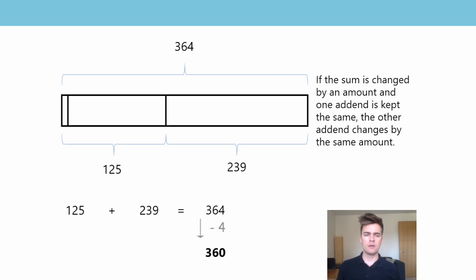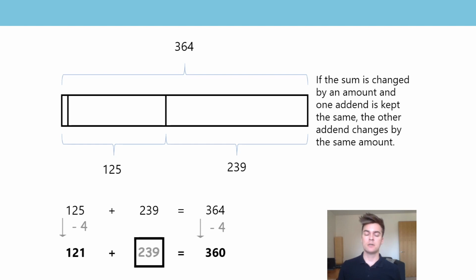I know that Hufflepuff's points also decreased by 4. So this time I know the two changes that were made. So what happens to Slytherin's points? If the sum is changed, the other addend changes. One addend is kept the same.